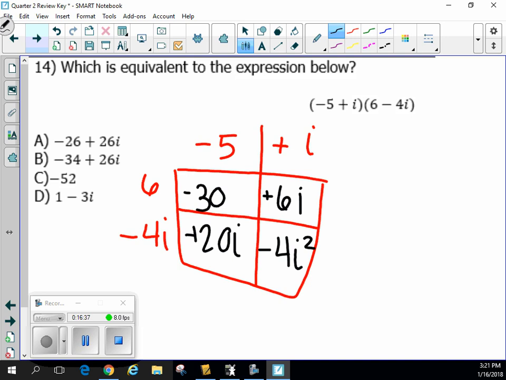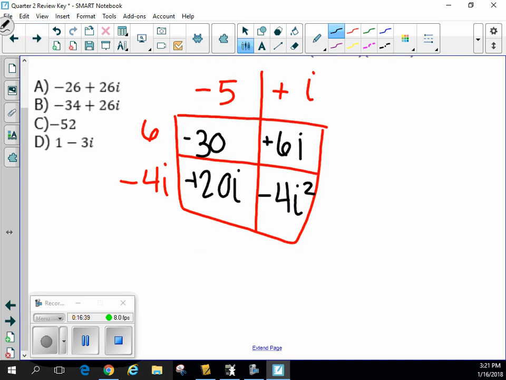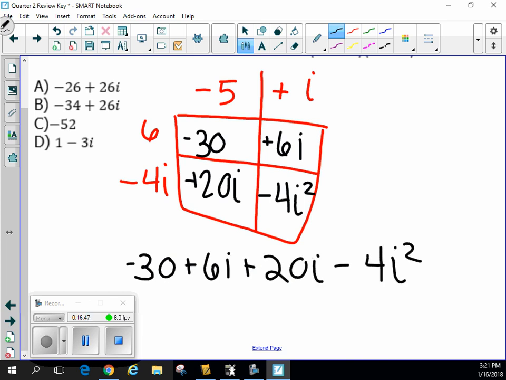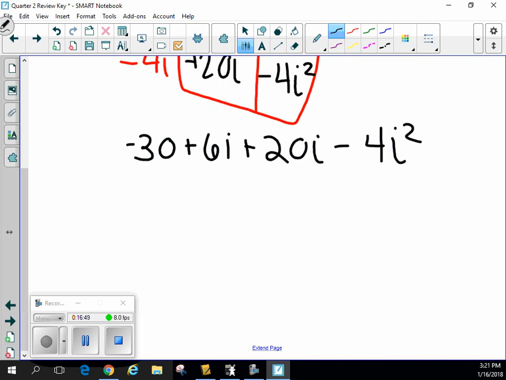Now we have to take our terms inside of our box here and combine them. Negative 30 plus 6i plus 20i minus 4i squared. And we're going to combine like terms again. 6i and 20i go together to make 26i.